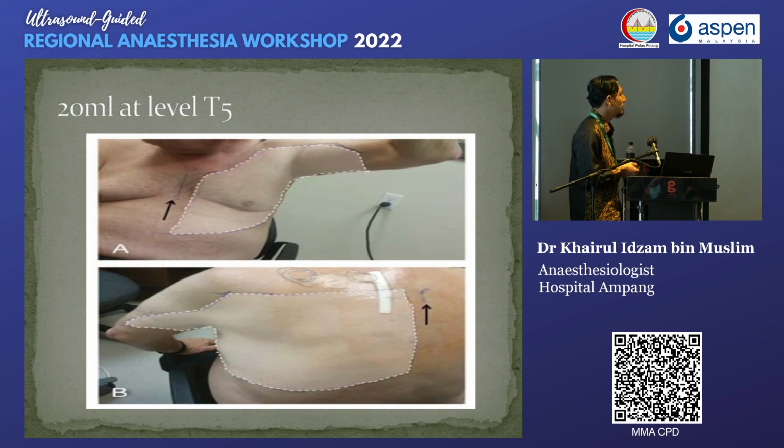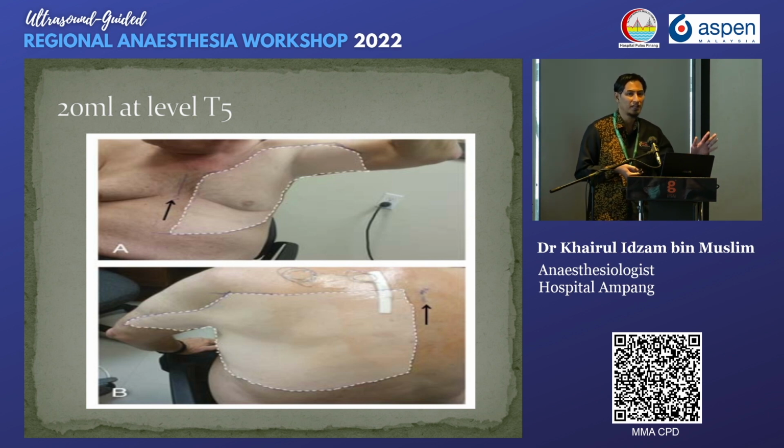As I mentioned just now, this ESP can cover the anterolateral and posterior aspects. This is when we inject 20 mL at the T5 level. So this is a plane block, and we depend on the spread of LA to get the effect that we wanted.